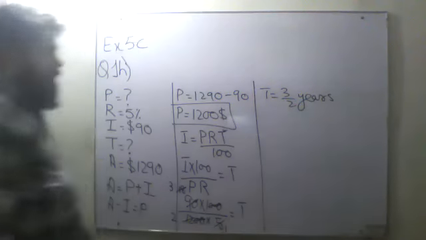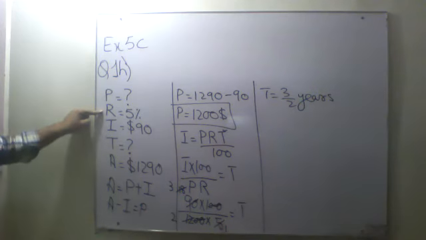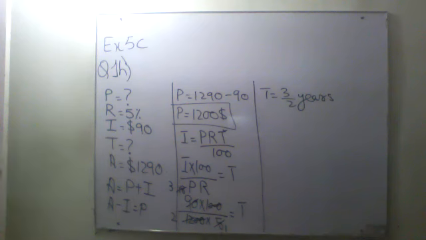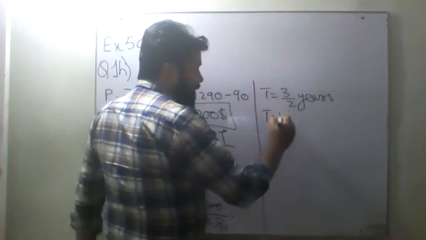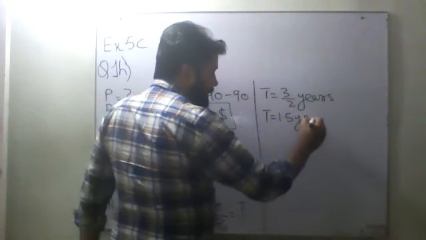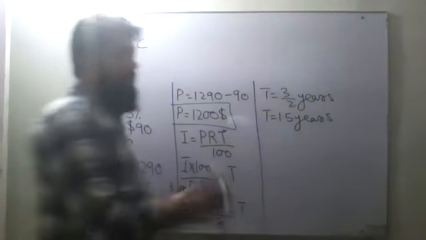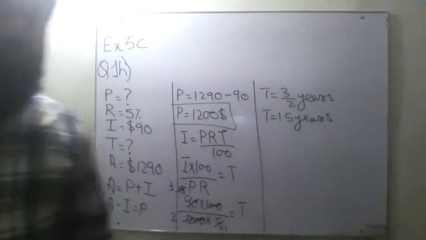Okay. When the interest rate is given in per annum form, whatever time I am going to get will be in years. 3 over 2 years means 1.5 years. And I can shift it in terms of months also.